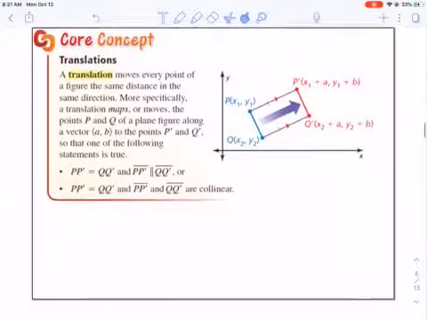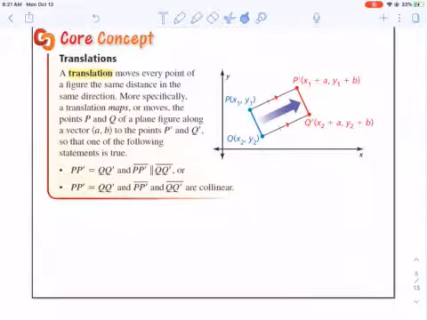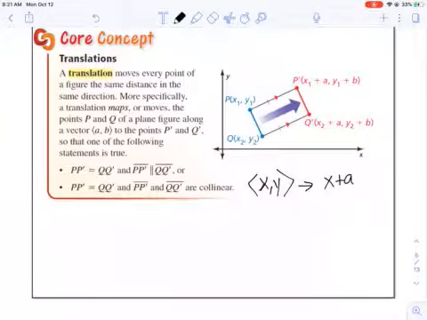Now, a translation moves every point of your picture in the same direction. Now, the rule kind of just looks like this. X comma Y. Our component form can be rewritten as X plus some letter A and Y plus some letter B. Now, if this number right here is positive, we move right.